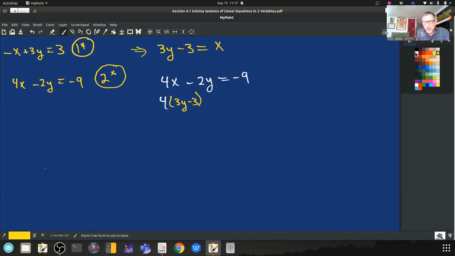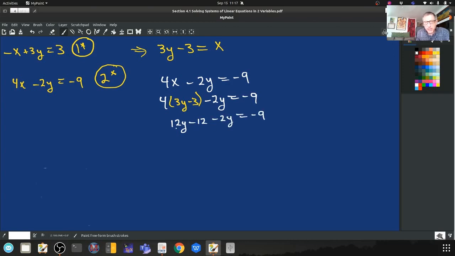Then I'm going to go ahead and continue on. Minus 2y is equal to minus 9. So now it's just a matter of solving a linear equation in the variable y. 4 times 3y is 12y. 4 times minus 3 is minus 12. Minus 2y is equal to minus 9.